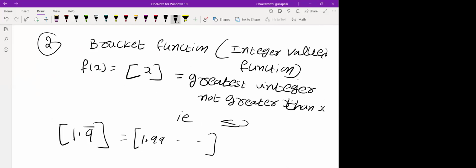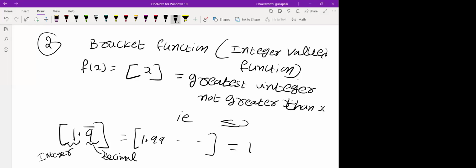The left side of the decimal is what is called the integer part, and the right side is the decimal part. So this function is going to neglect the decimal part and take only the integer part, so the output is only an integer.